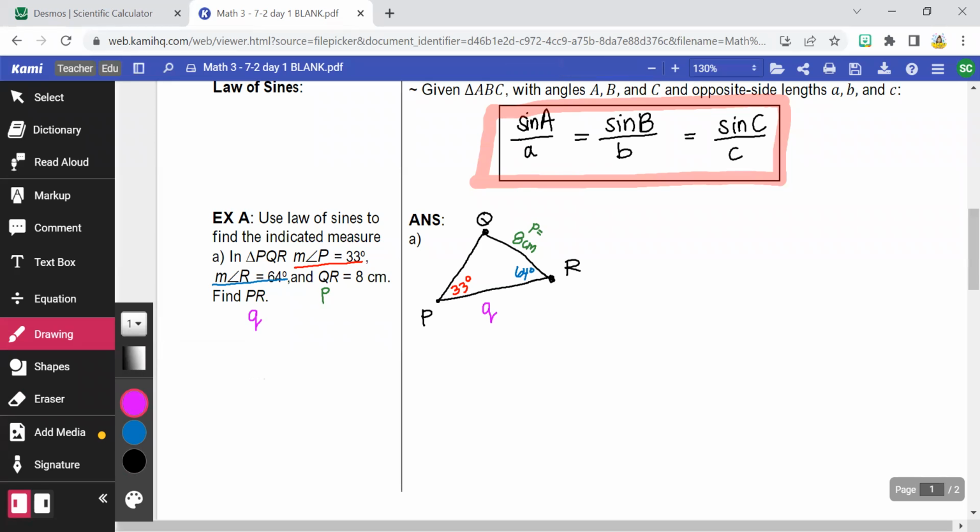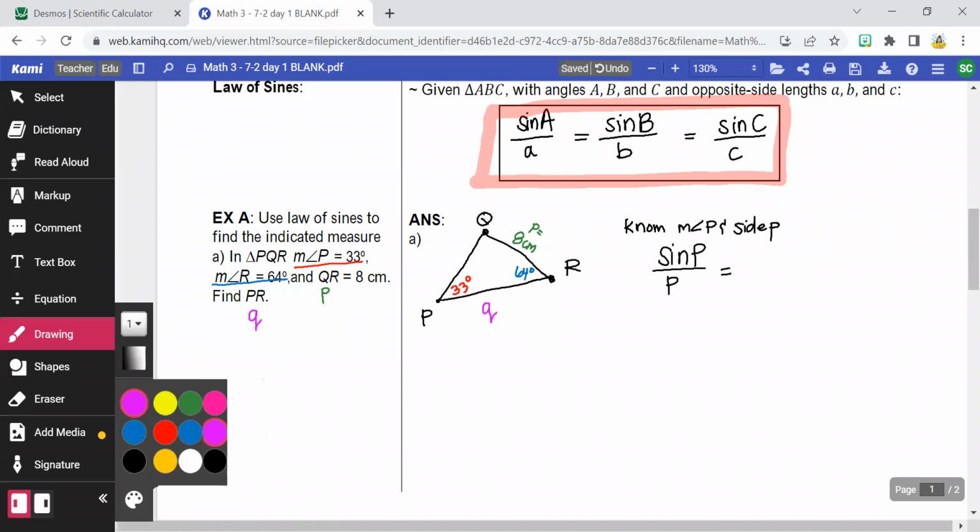to solve. So since we know side P and angle P, so we know an angle and a side that are across from each other, we know the measure of angle P and we know side P. That tells us that we want to use sine of P over P because we know both of them.